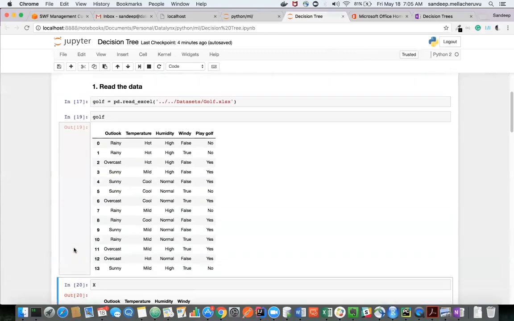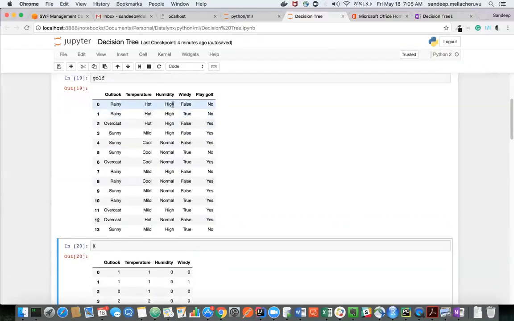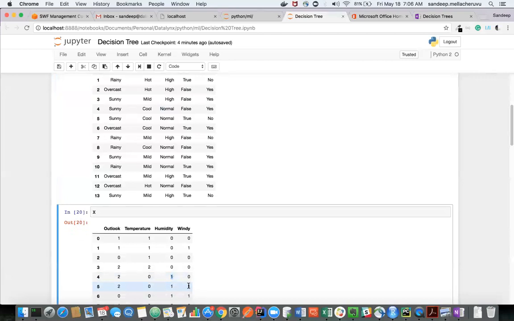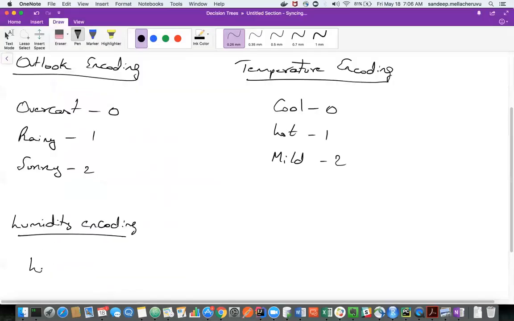How is humidity encoded? Humidity encoding. High is 0, and normal is 1, and there are only two values, high and normal.